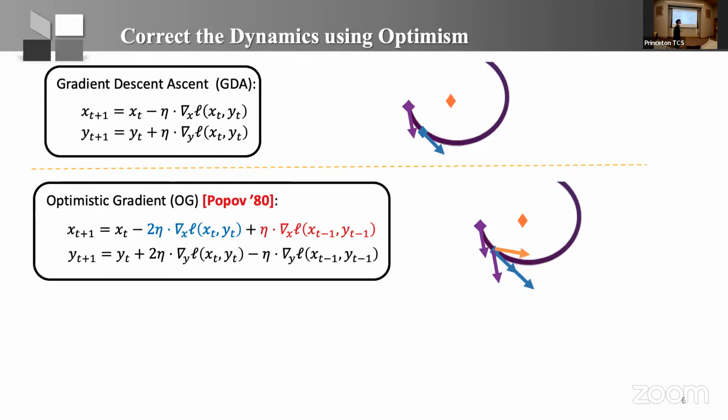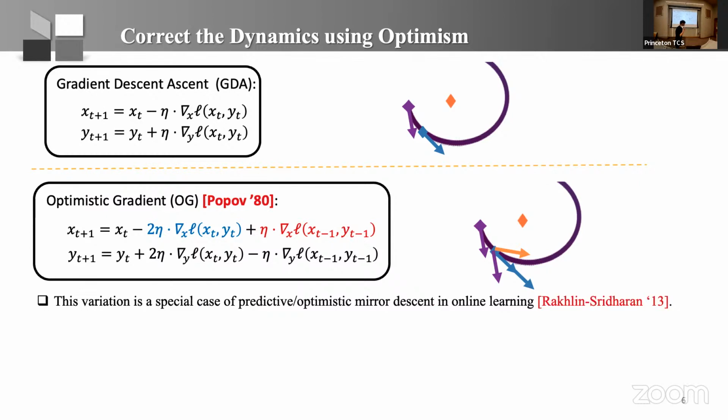Okay. And just from the picture, I think it suggests that this does help correct the dynamics, right? So now I'm shifting towards the equilibrium. Okay, and that's one of the algorithms I will show you a while more. Okay. And so just to say a few words about why it's called the optimistic gradient.